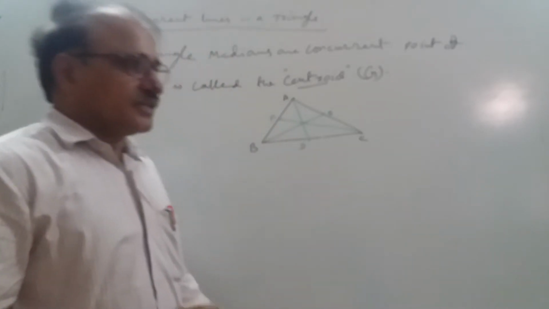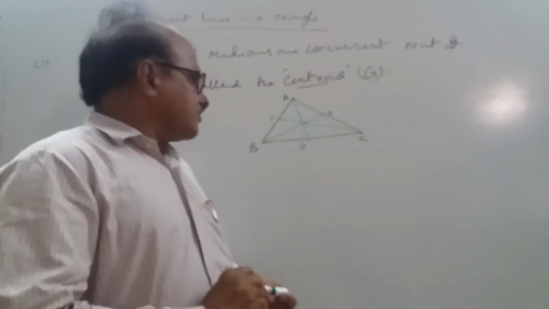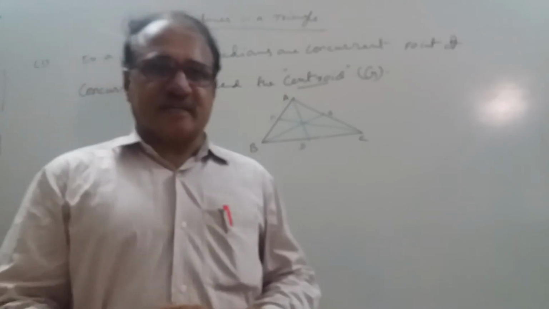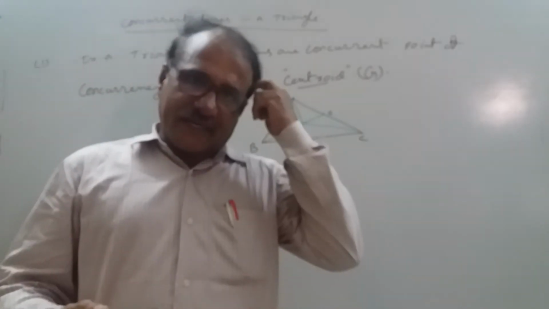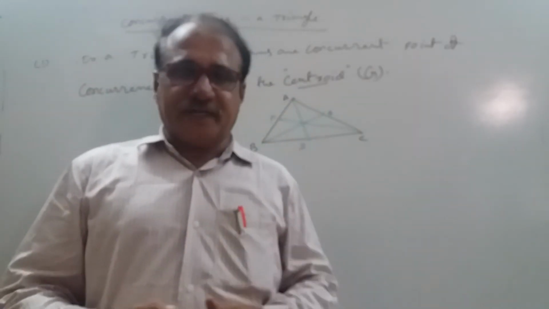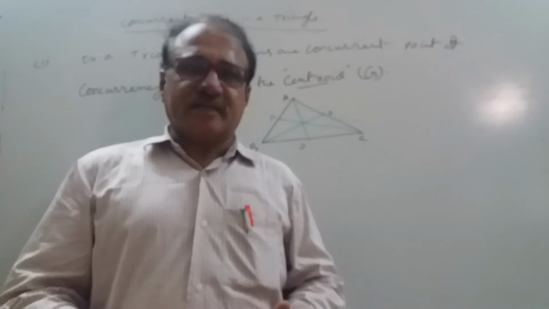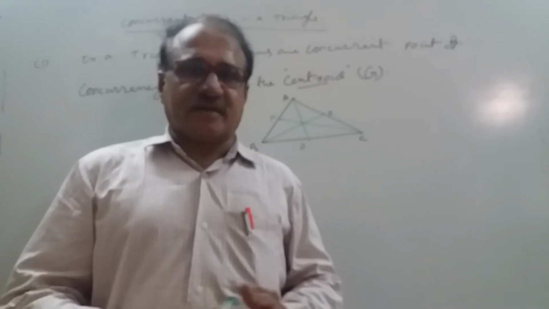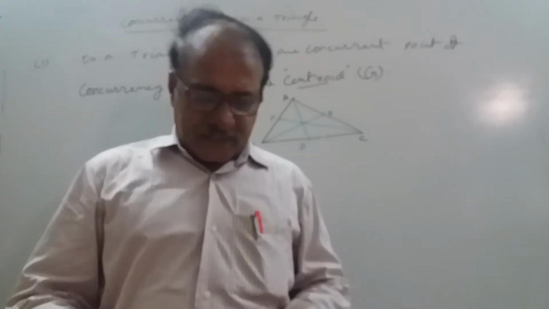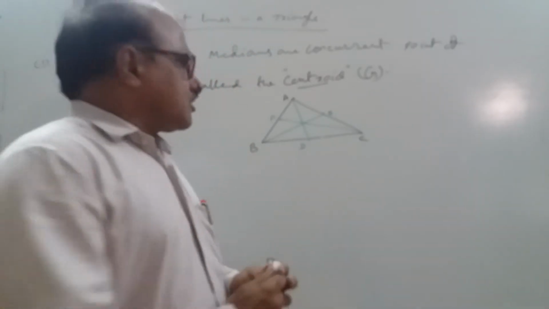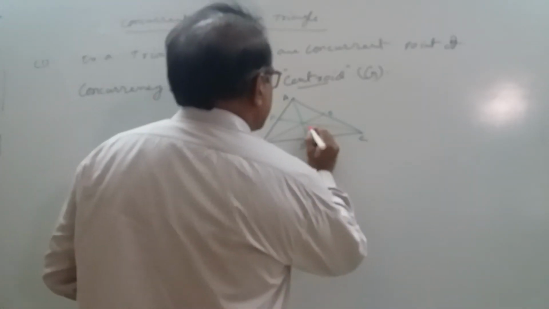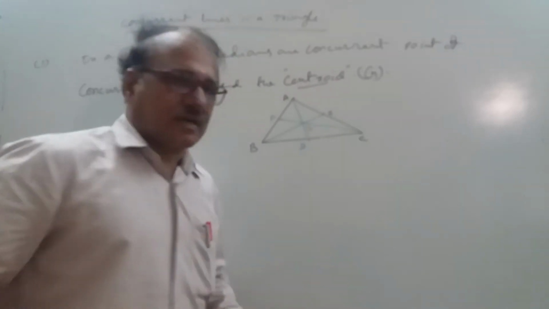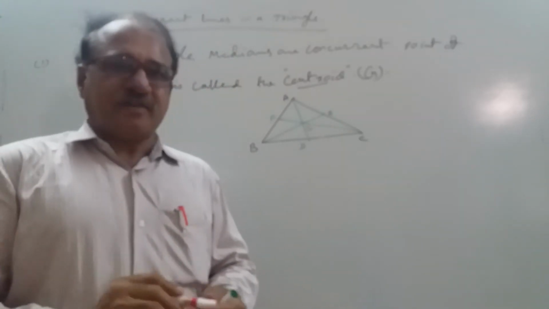If we join C and F, then CF is the third median. These three medians pass through a point, that means the medians in a triangle are concurrent. That concurrent point is known as the centroid G.